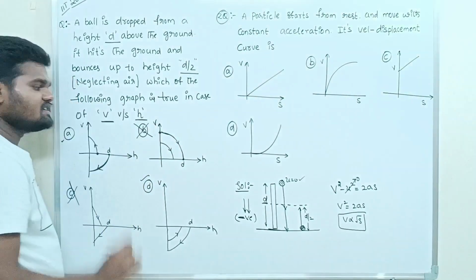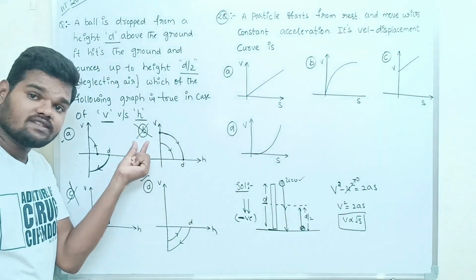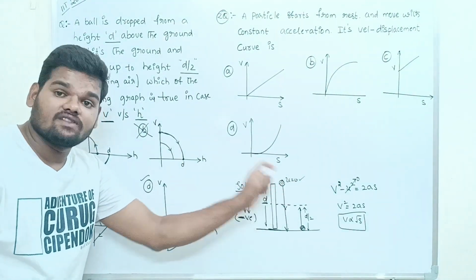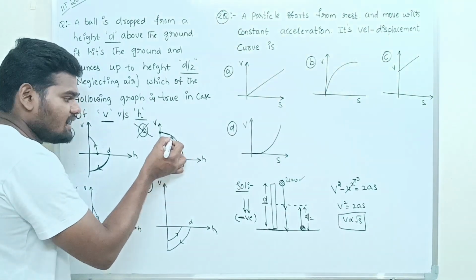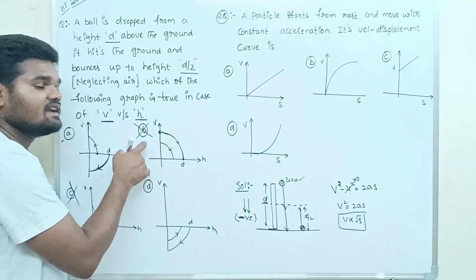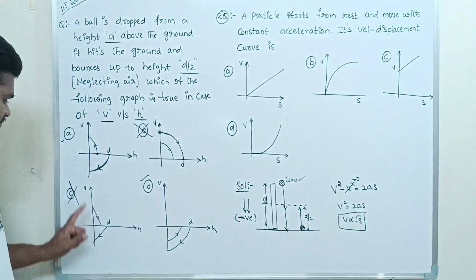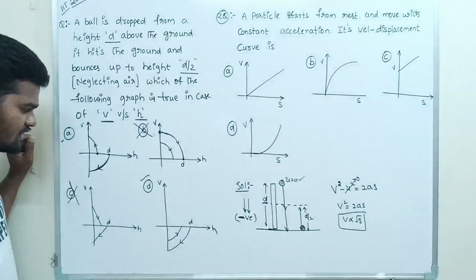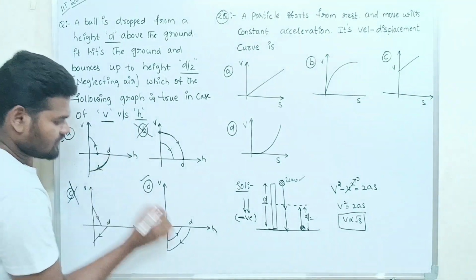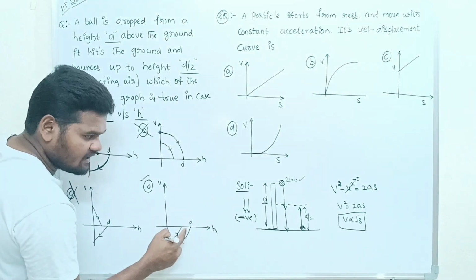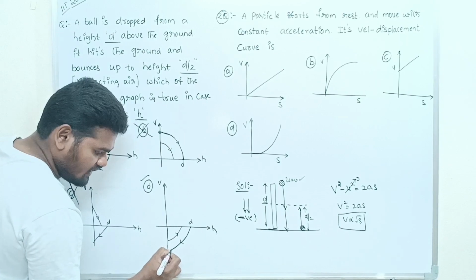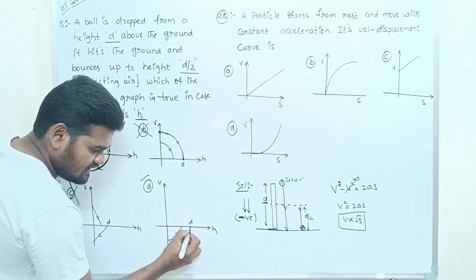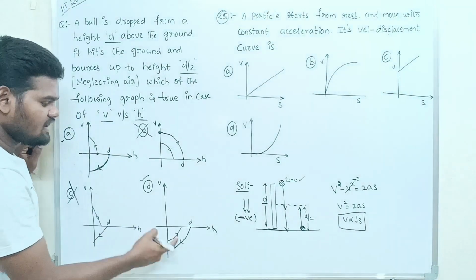So this graph is not valid because initially the velocity of the object is 0, but in the graph this object at height d has some velocity. It is wrong. These two options are cancelled out and we have two options. Have a look. Initially the object is at height d and whenever it moves towards the ground its displacement is negative and it decreases. So these two exist.